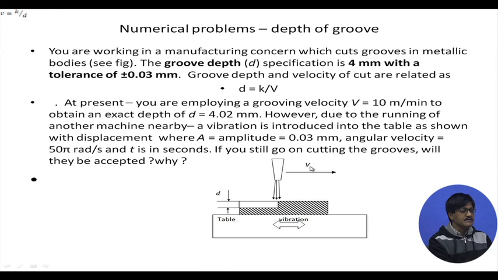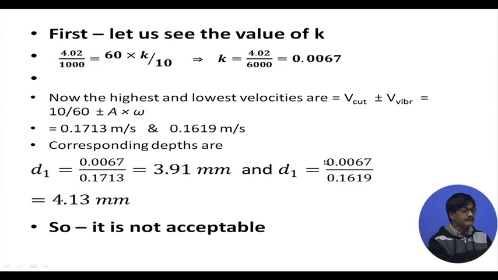So, let us have a look at the answer. What we know is, let us find out the value of k. If depth of groove is equal to k divided by the velocity, we can say that depth of groove 4.02 millimeters divided by 1000 to make it meters is equal to 60 into k by 10.